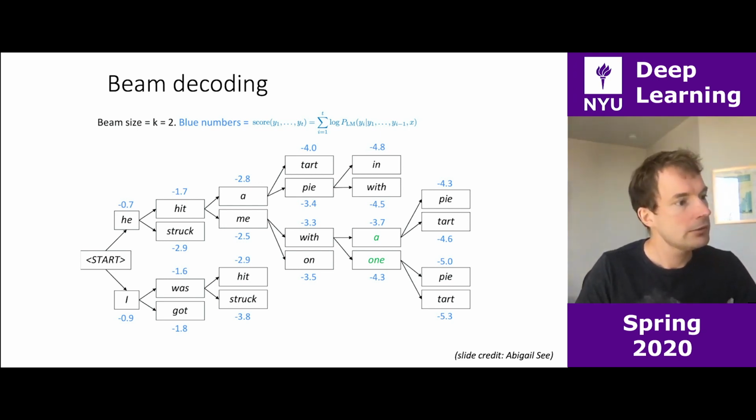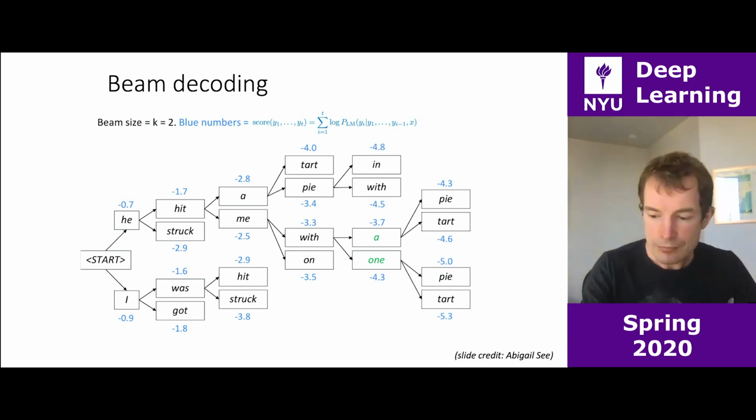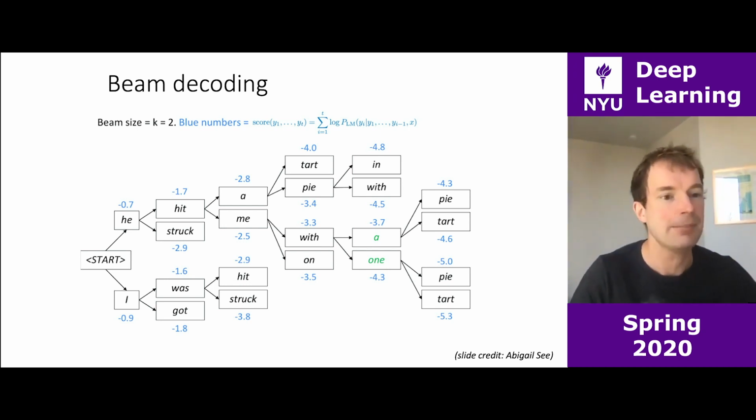Okay, cool. There is another question here. Why do you think in NMT, a very, very large beam size will most often result in empty translations? Great question. I have opinions on this.